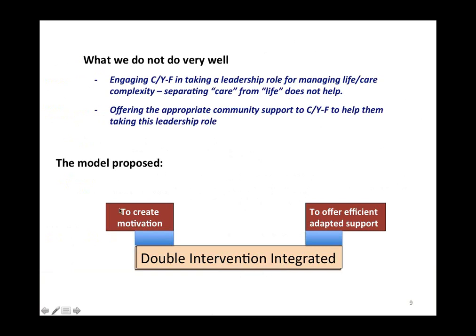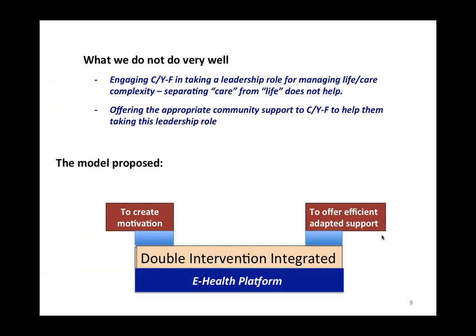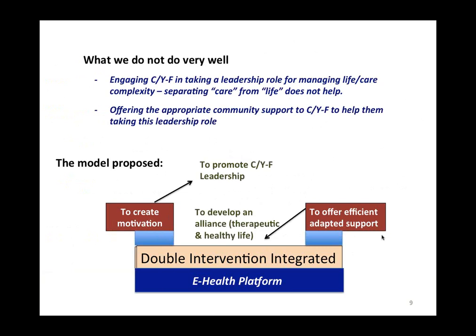One is aimed at creating motivation, and the other one to offer efficient adapted support. And it is supported by a health platform. And at the end, creating motivation will promote leadership, and offering efficient adapted support will help developing an alliance for healthy life and for therapeutic.